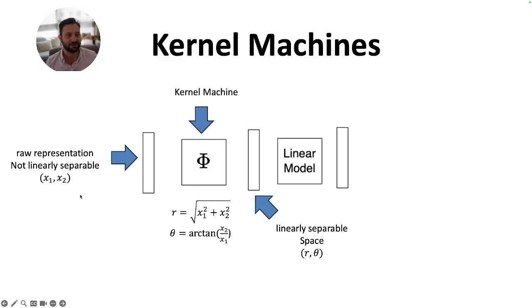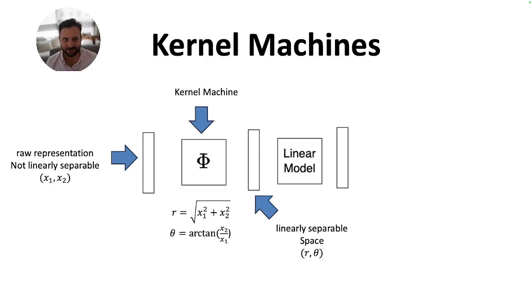At the beginning, we get our raw representation that's not linearly separable, and our input dimensionality is typically referred to as x for the sake of simplicity. And since we can monitor only two to three dimensional data representations, we have x1 and x2.